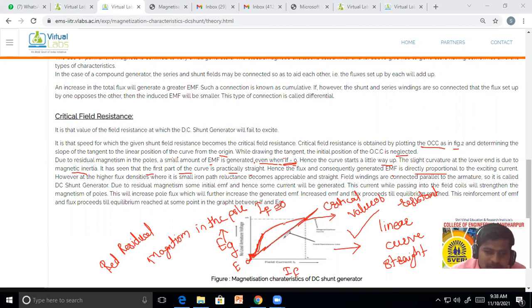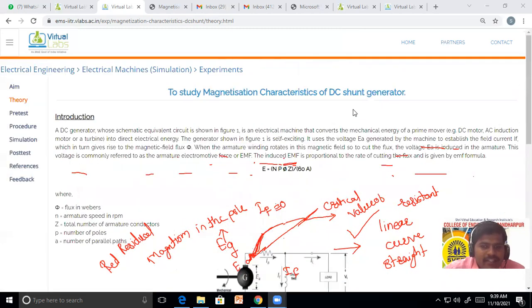So if we decrease the value of that resistance, then the curve will be like this, that is, it will obtain the OCC characteristics. So this is the theory related to this magnetization curve practical.